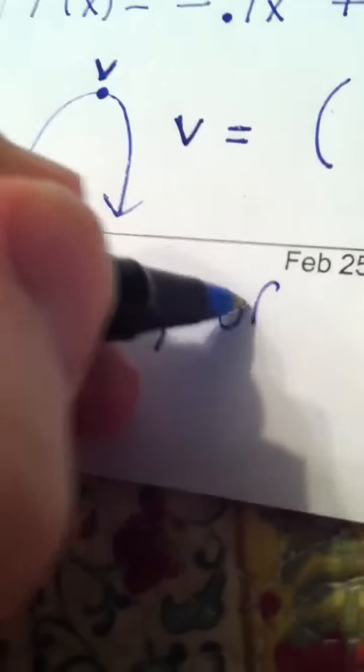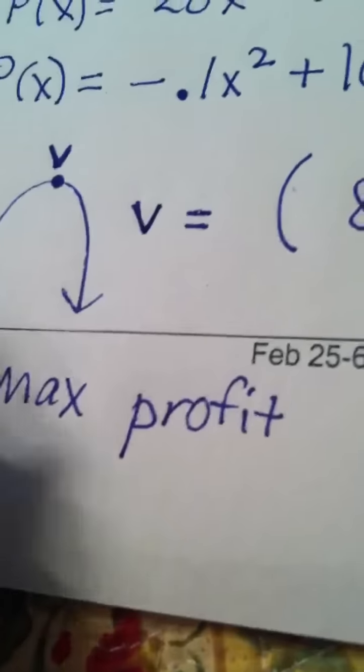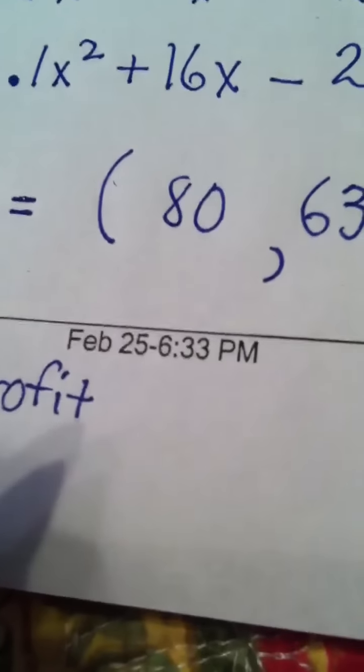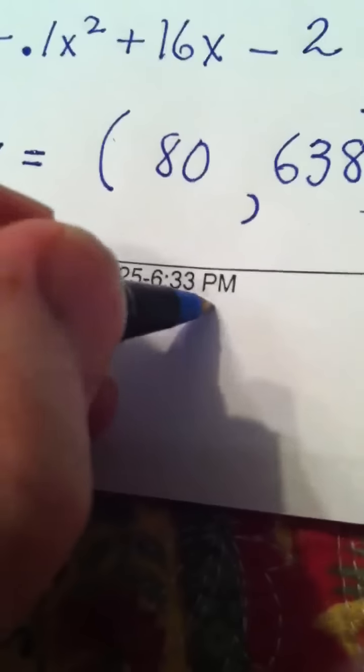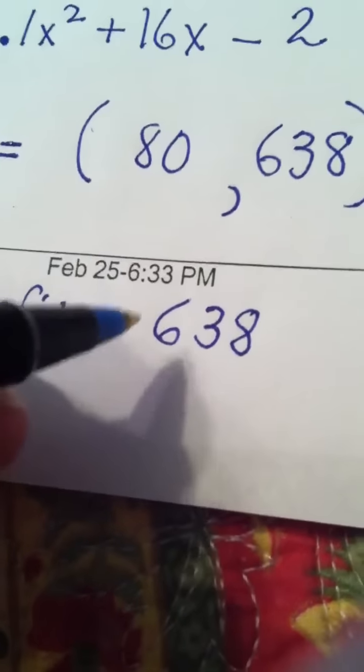So, my two answers. The maximum profit, since profit is my output, 638, I don't know what that means. I guess it's in dollars, but it never really says. Oh, let's just go crazy. Let's pretend it meant millions of dollars. Who knows? Okay. Let's say it was 638 million just for fun. Because what would you do?